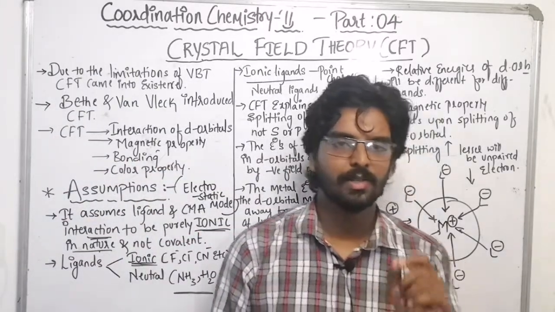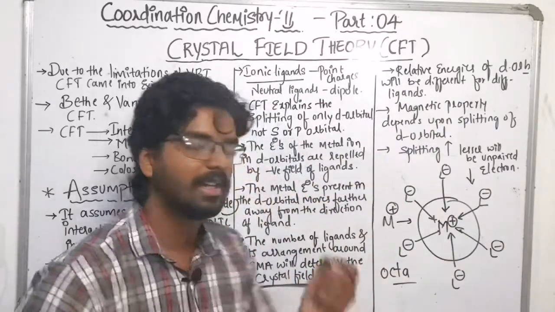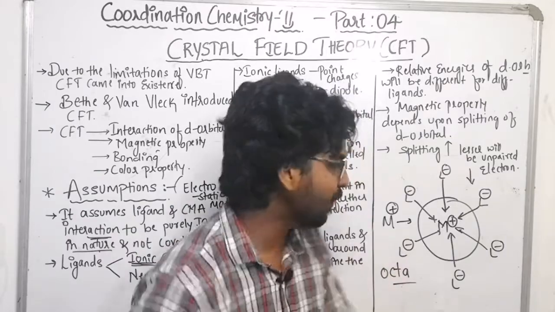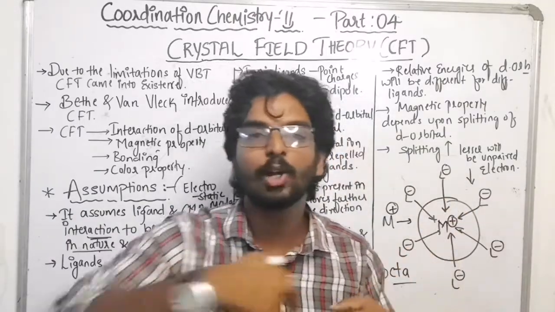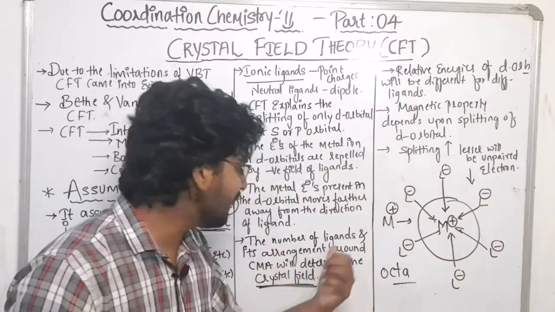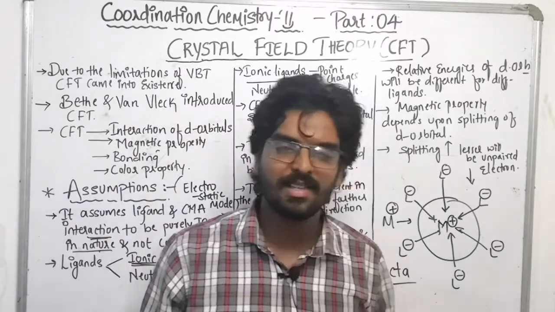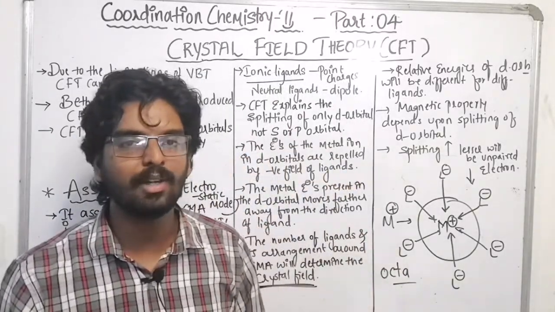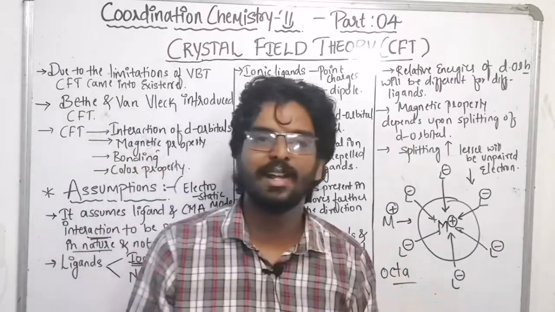See here. The crystal field depends upon the number of the ligands and its arrangement around the central metal atom or the ion. So for each different number of ligands and arrangement, the crystal field will have different determinations like the splitting and all those things.